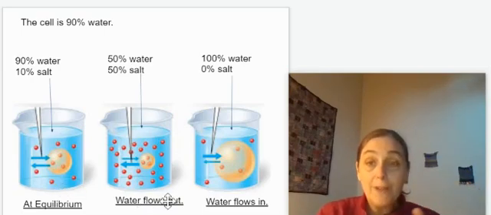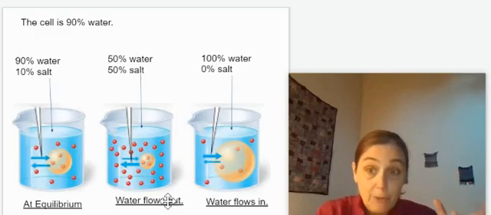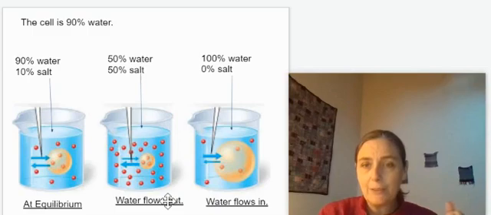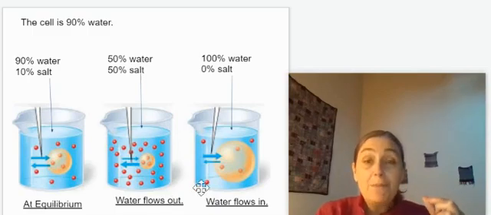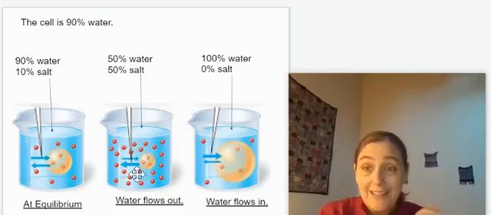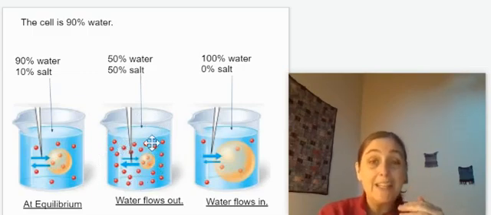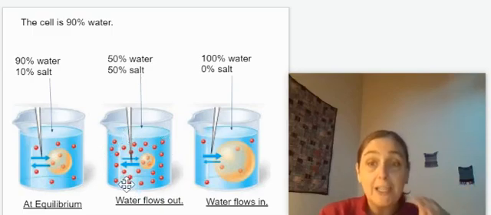So if you want to make a cell explode, drop it in 100% pure water, also known as distilled water. If you want to make it shrivel, just put a whole lot of salt around it in the water. You add a ton of salt to that water, and what you're really doing is making the water concentration low.